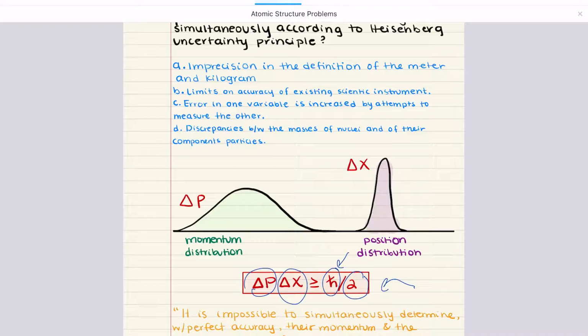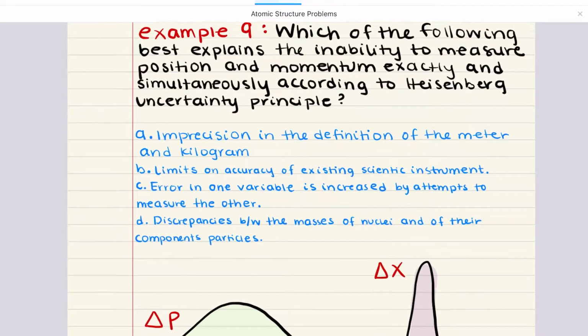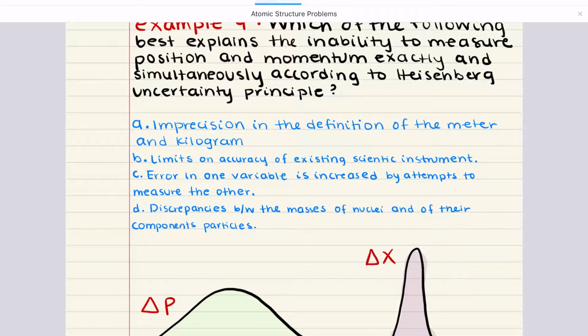Now, with that refresher, let's go through this answer choice by answer choice. A says, imprecision in the definition of the meter and kilogram. This option is incorrect because the uncertainty principle is not due to imprecise definitions of units. It's a fundamental property of quantum systems. So A is not the correct answer.